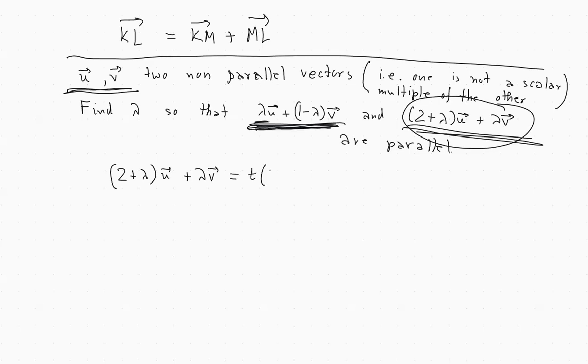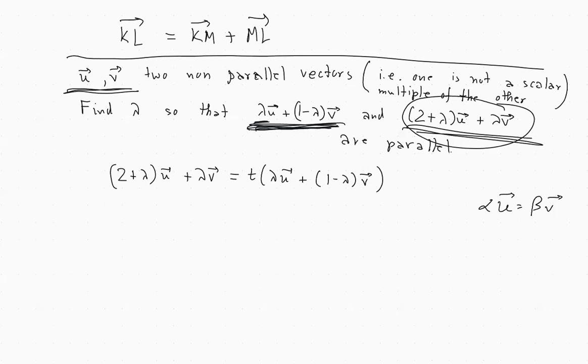And this is where it becomes kind of fun, because here's what is going on. What you need to do here is find a scalar multiple of U and make it equal to a scalar multiple of V. The only way that this can ever happen is if the coefficients in front of U and V are both zero. Again, let me explain this. So if somebody told you that you have alpha U is equal to beta V and asked you, is this even possible? What we know about U and V is that they're two non-parallel vectors, right?